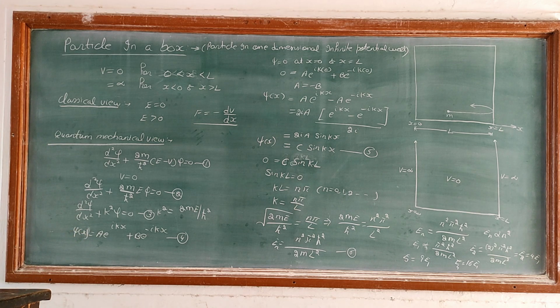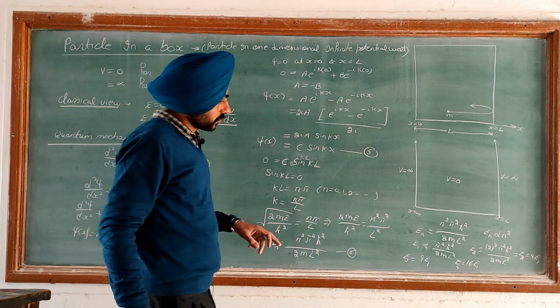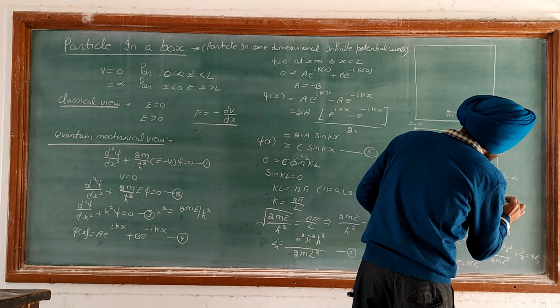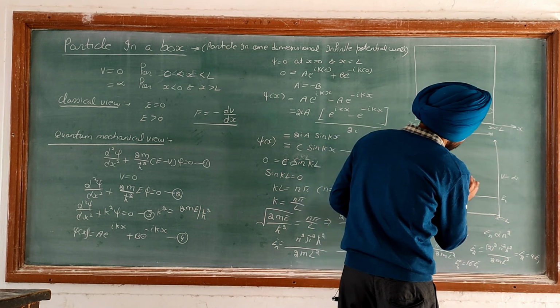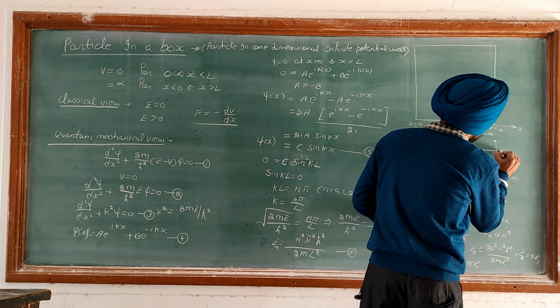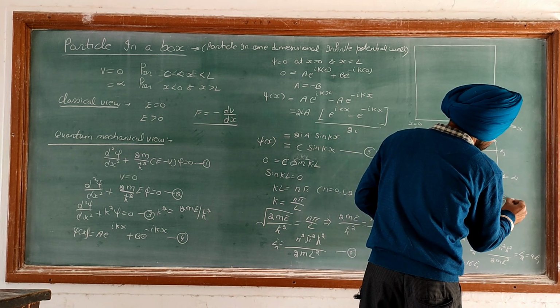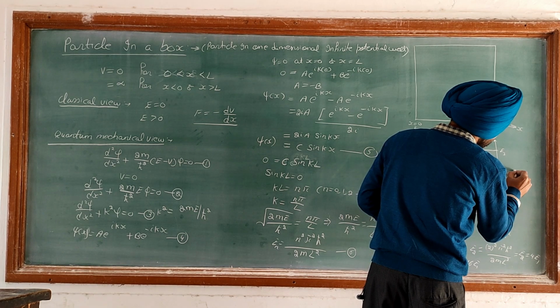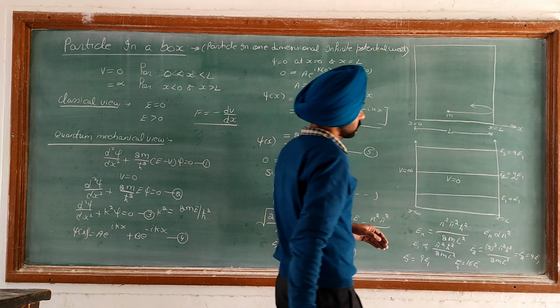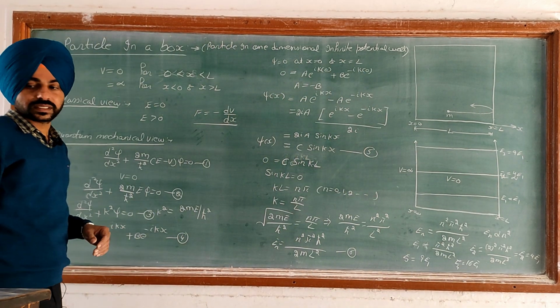These allowed values of energy of the particle are called energy levels or eigenvalues of the energies, and we can show these like this: this is energy level E1, this is energy level E2, and so on, E3. So what is this E1? This is E1, E2 is 4 times E1, and E3 is 9 times E1, and so on we can represent like this.